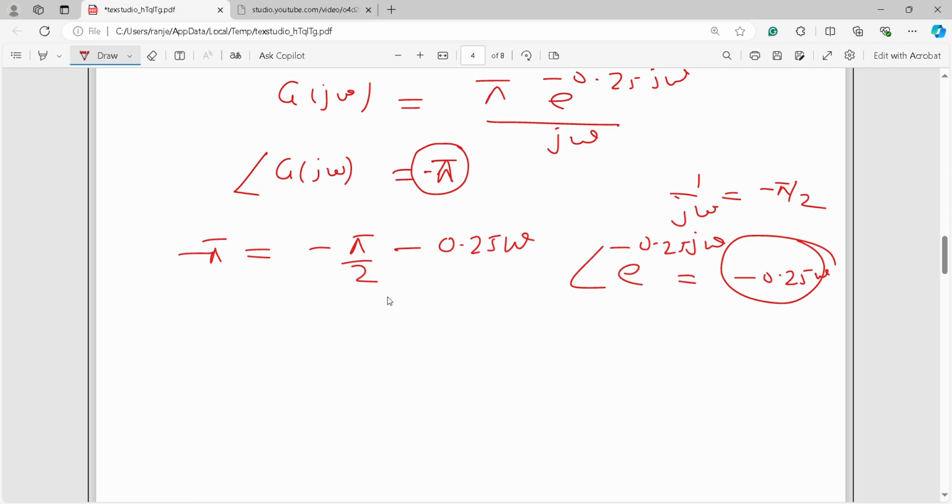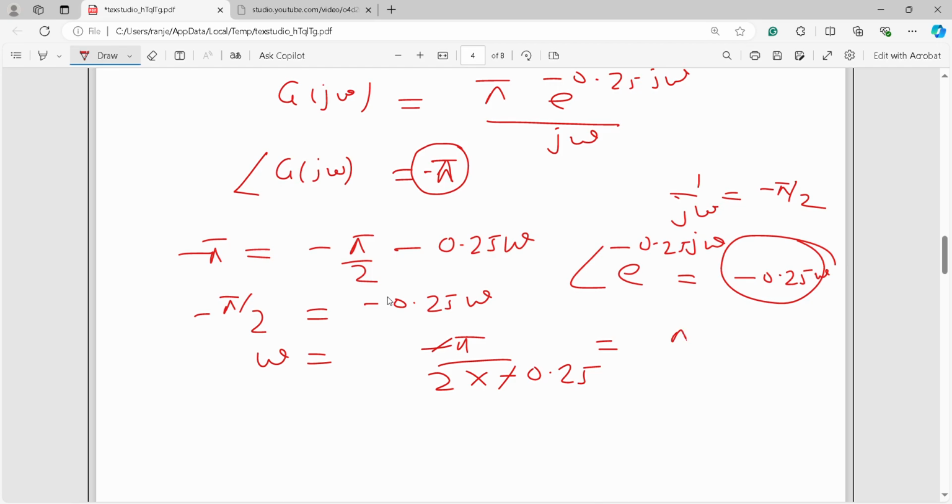It comes out as pi by 2 equals minus 0.25 into omega, so omega equals minus pi by 2 into minus 0.25, the minus 1 cancels out.